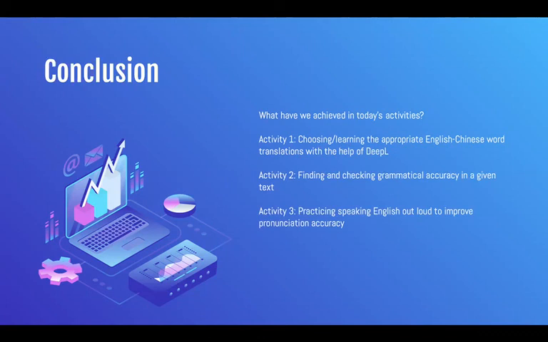In activity 2, we were able to find and check grammatical and also spelling and other accuracy in a given text with the help of Grammarly. And in our final activity, we were able to practice speaking English out loud to improve our pronunciation.